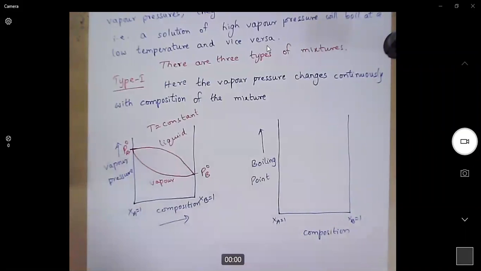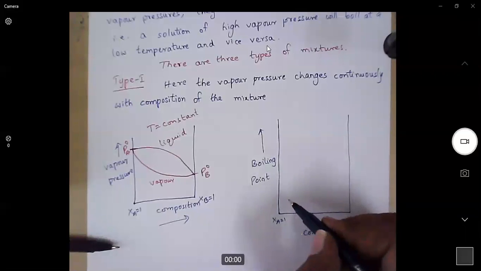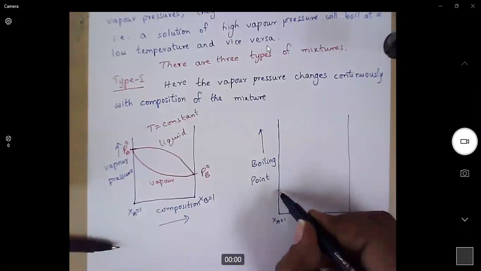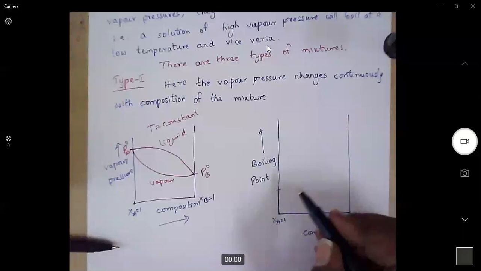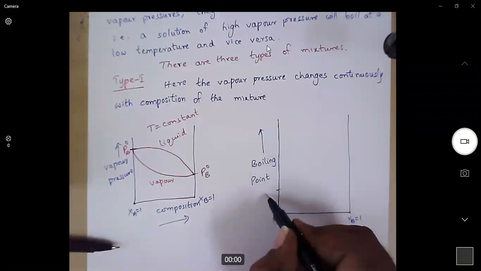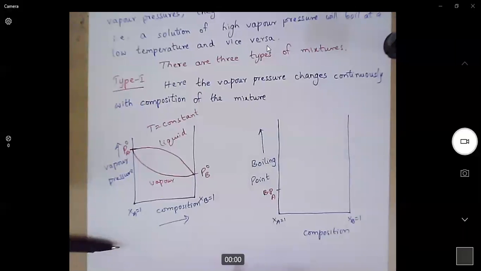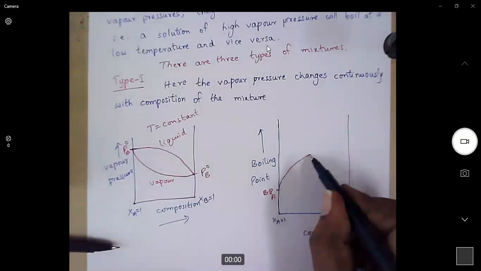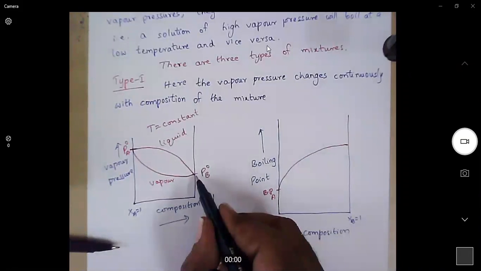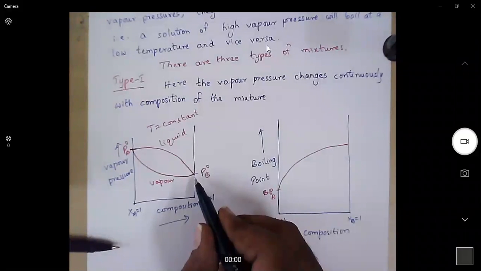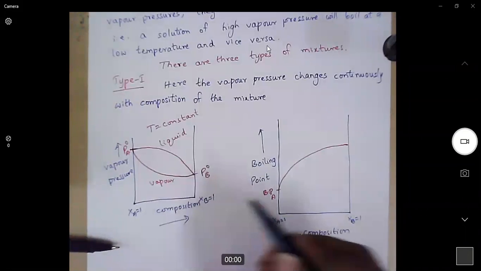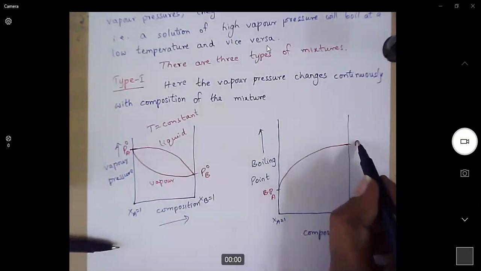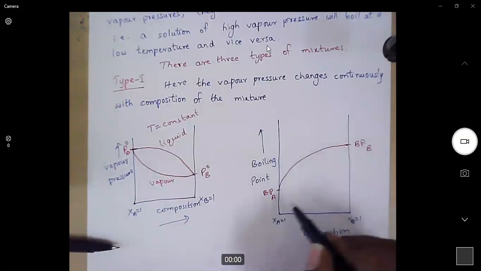So a very small temperature is enough to make it boil. So this is the boiling point for compound A. Similarly, compound B, which has low vapor pressure, requires high temperatures to make it boil. So it will have a high boiling point.